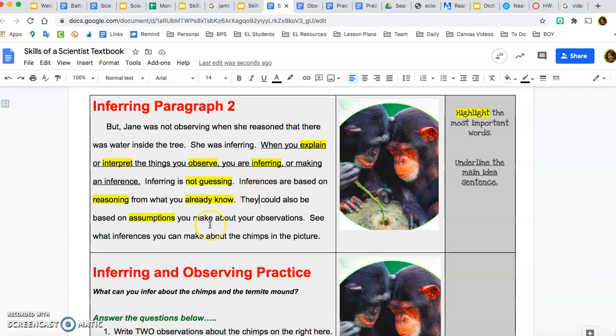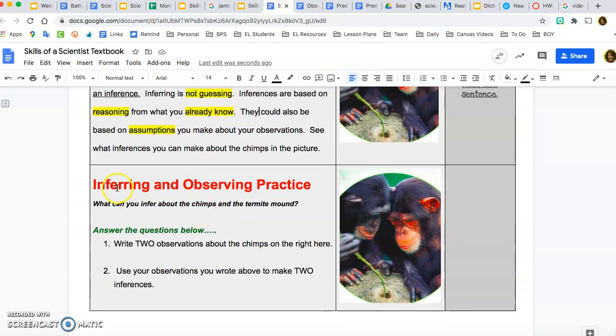All right, students. Last thing, inferring and observing practice. Check this picture out right here. Two chimpanzees, okay? That is one observation. You could say, I see two chimpanzees. You could also extend that to tell us what they are doing. Write two observations about the chimps on the right.